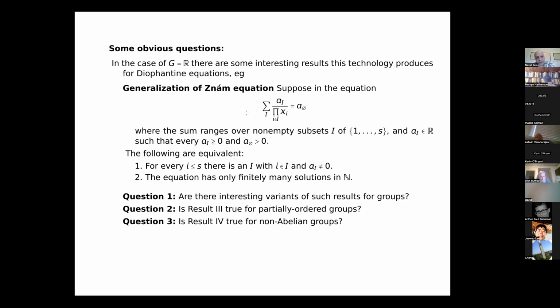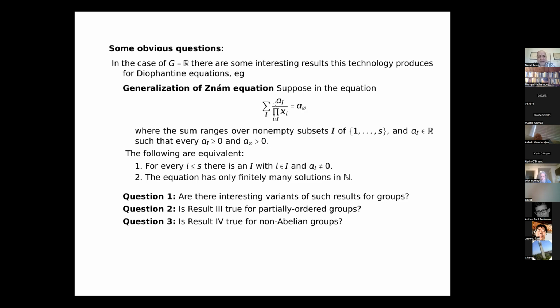It turns out you can prove relatively simply that the equation has only finitely many solutions in the natural numbers if and only if for every i in the index set, every variable has at least one place where it shows up non-trivially. There's at least one term which includes that variable where the numerator is not zero.